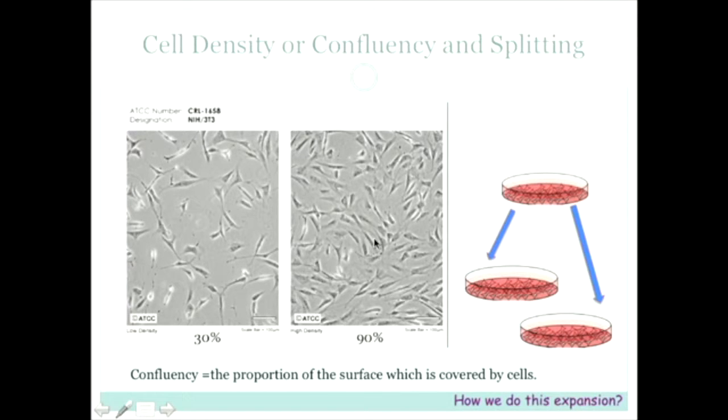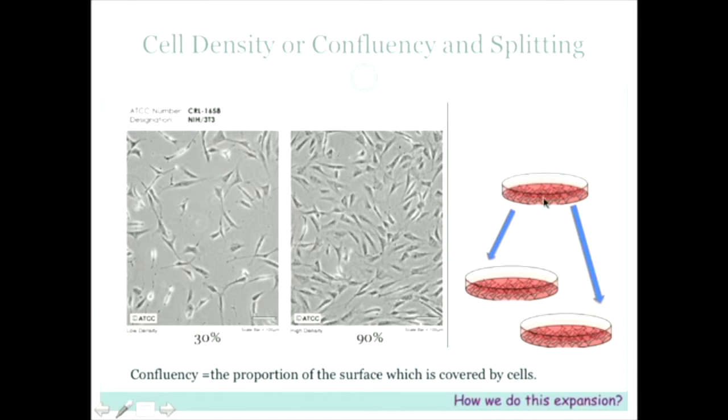Once your cells reach confluency of 100 or 90%, it's good practice to split them. Because if you do not split cells at the right time, they will stop growing, and that's not what you need. And how do you split the cells?